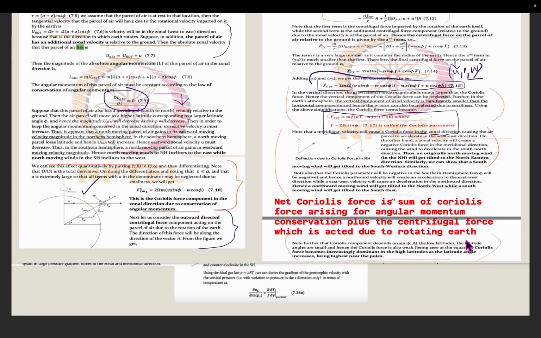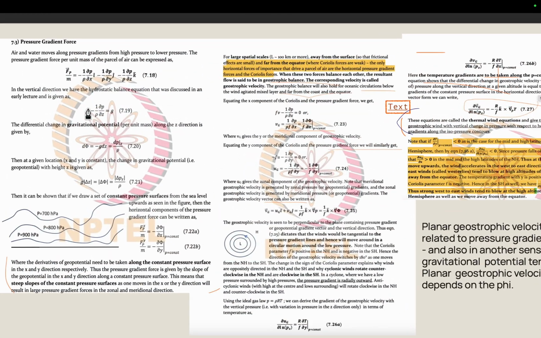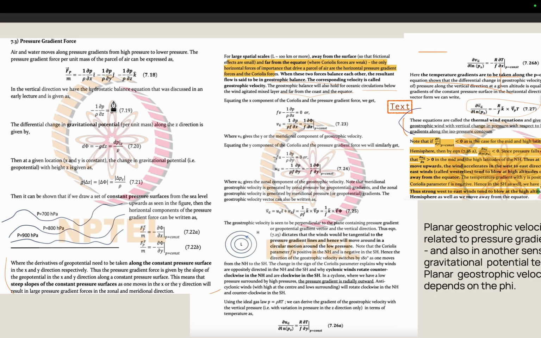But there is also a second kind of force, the pressure gradient force. You know that air or water, these fluids, move along the pressure gradient, that is from the high pressure region to the low pressure region. One can write the pressure gradient force per unit mass as minus grad P by rho.